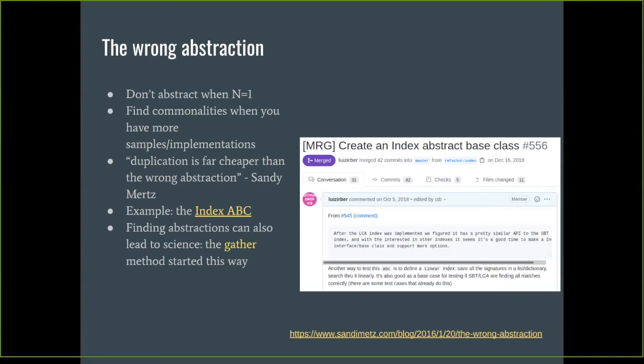And also this kind of thing started helping to actually drive the scientific research in the lab, because another example is Gather, which is our method for taxonomic profiling of the metagenomes. We started it as a method on top of a specific data structure, but later we figured out that it applies in larger contexts and for other data structures that support specific operations.